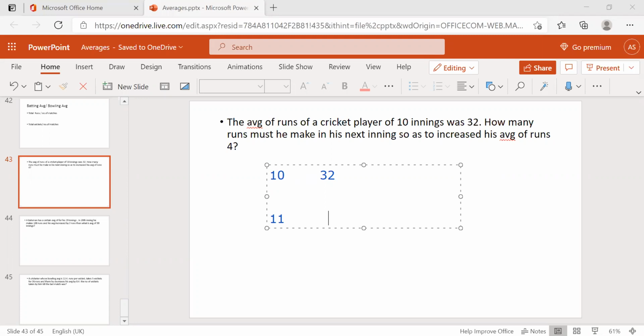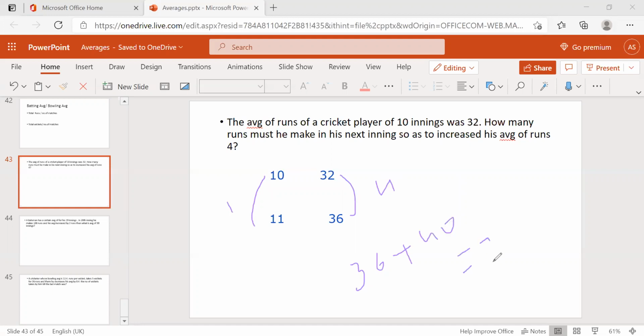Increasing the average by 4 runs means 36 now. How many runs does he need to score in the next match? The difference is 1 into 36, plus 10 into 4, which is 40. So he needs to score 76 runs.